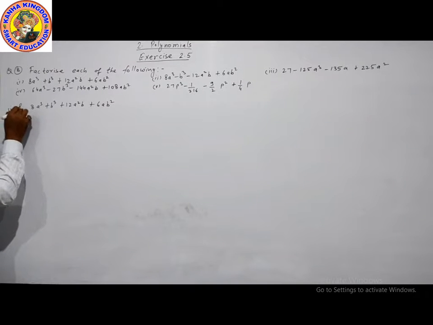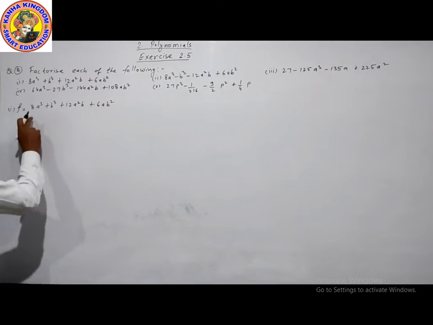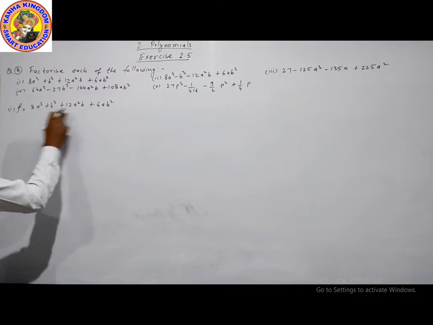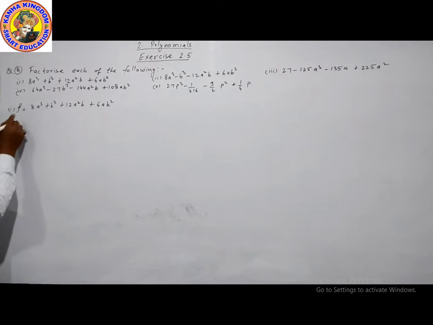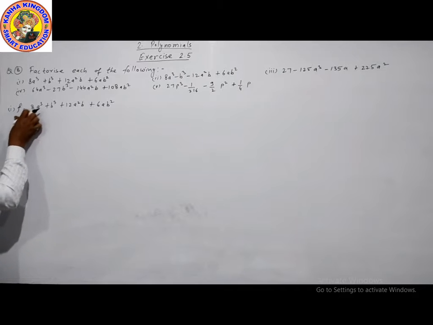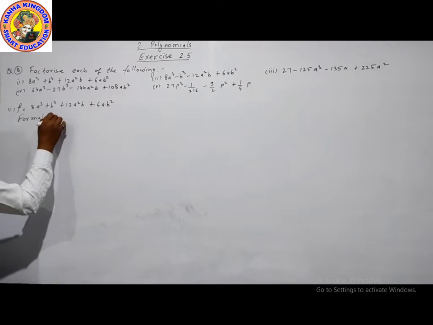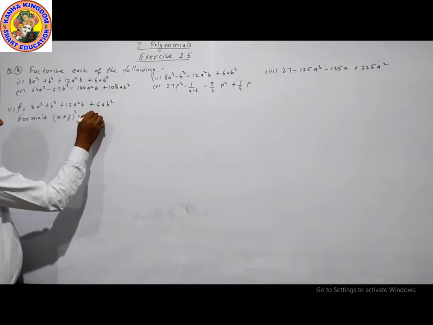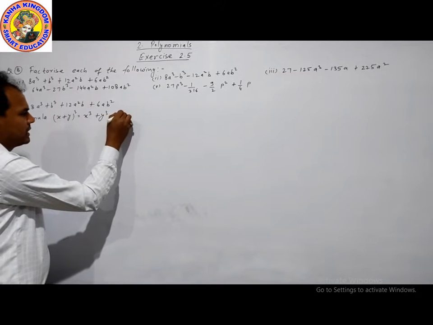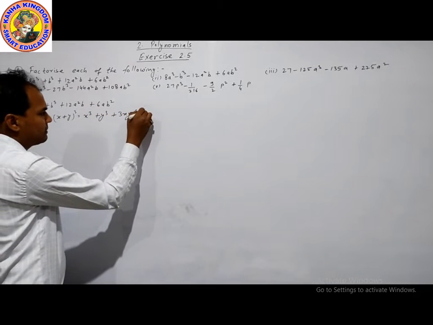This is our equation, written as f. It is an equation with cubic terms and a plus sign, so we will write the formula: x plus y cube, which is x cube plus y cube plus 3xy times x plus y.